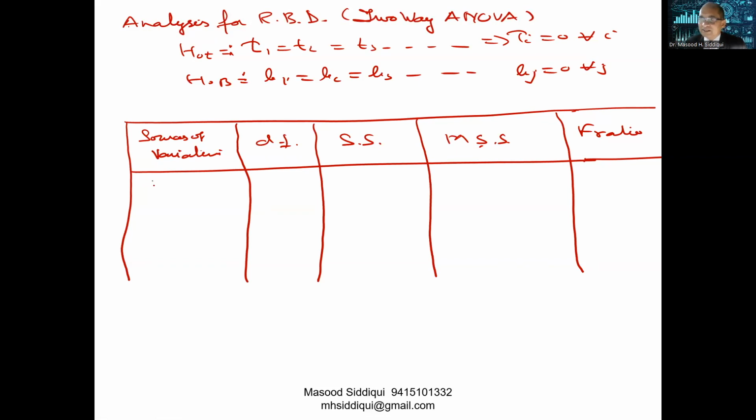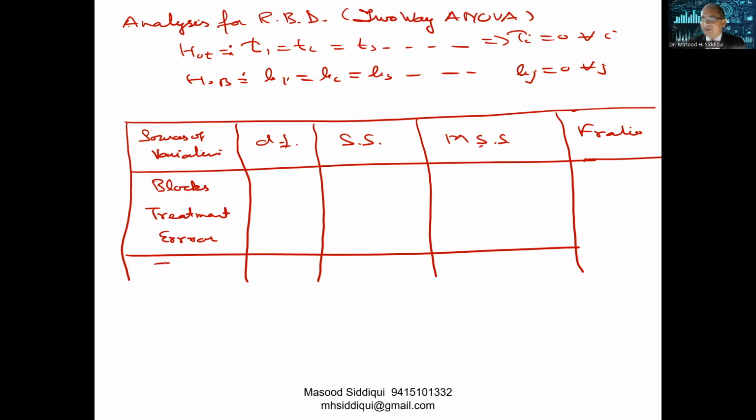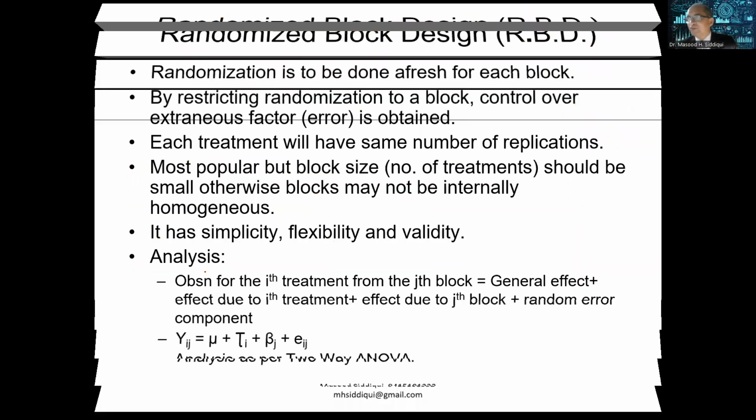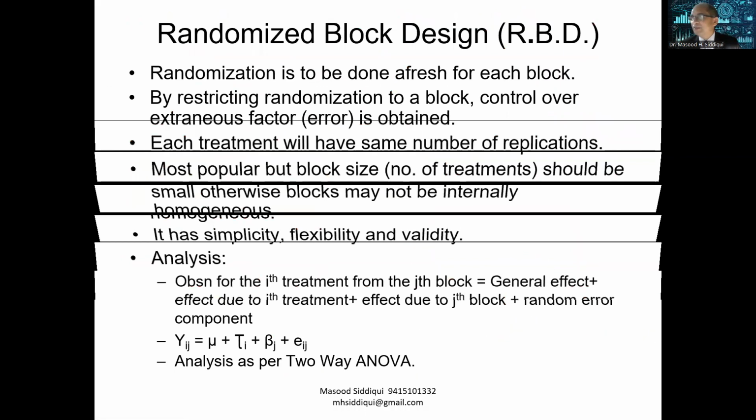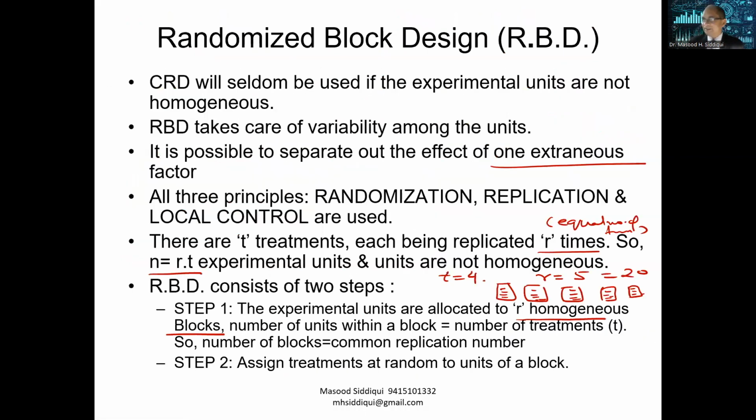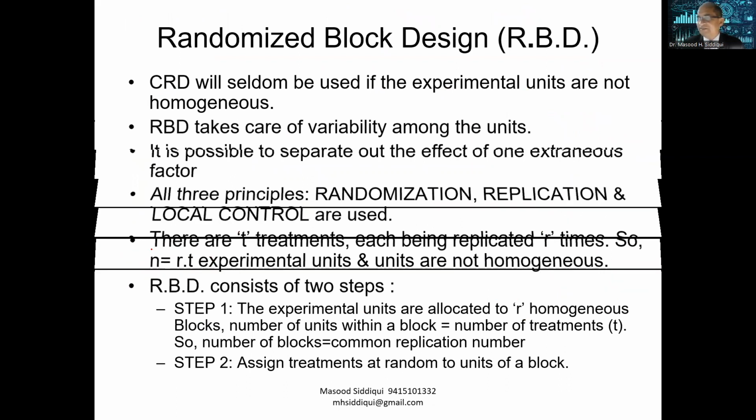The first row is the blocks. The next one is the treatment. Next we have the extraneous or the error, and then the total. As we have discussed, the number of observations here would be RT, so N equals RT.